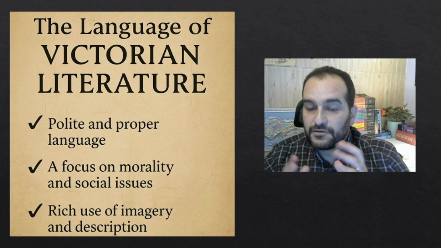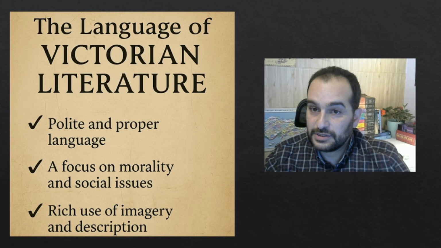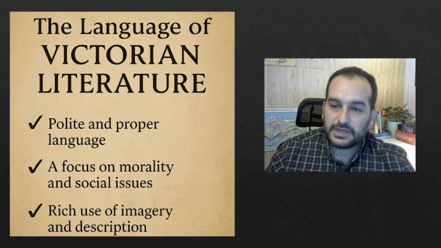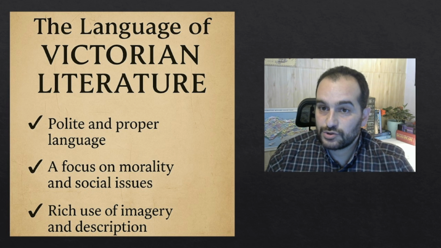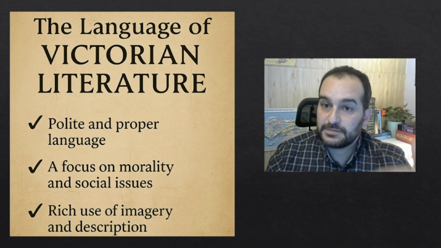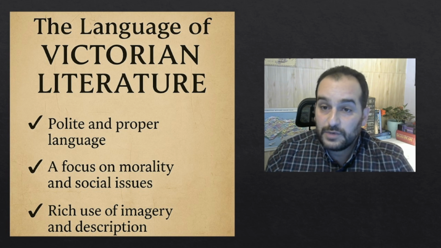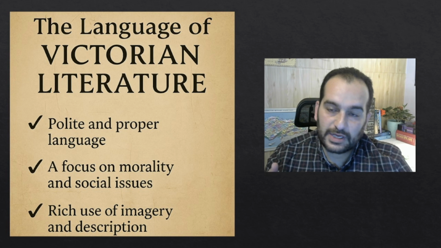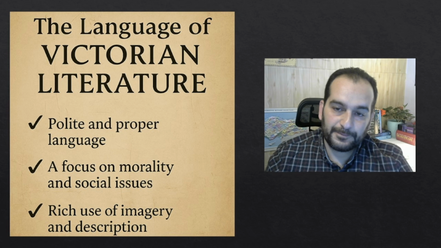We see also frequent use of dramatic monologues, especially in poetry. And we see, of course, irony and satire used to talk about the social conditions of people, especially from the middle and the poor classes. We see, of course, topics related to marriage, education, and the role of women in society.